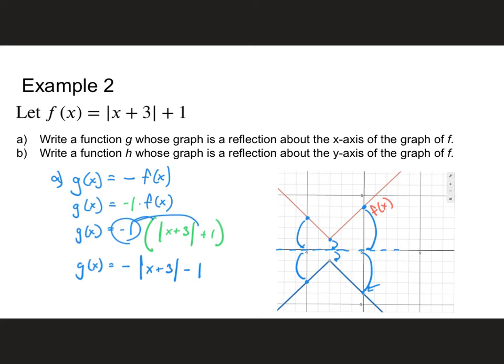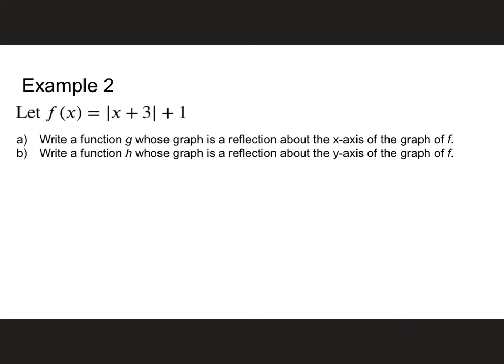Let's do part B. For part B, we were looking for a function that was a reflection about the y-axis. So h of x will equal, if I think of that rule, f of negative x. What that means is I take function f, and every time I see an x, I replace it with negative x.